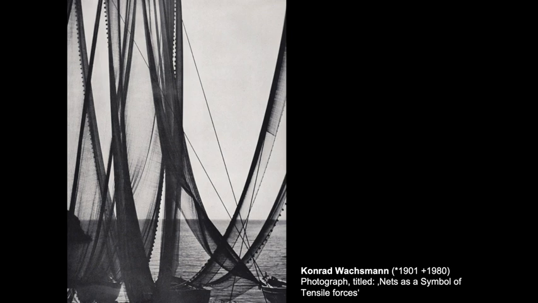And if you were capable, and I think that Wachsmann had this in his mind, if you can fix this net, then this network could be the basis, for example, of a building. Wachsmann called this image nets as a symbol of tensile forces.